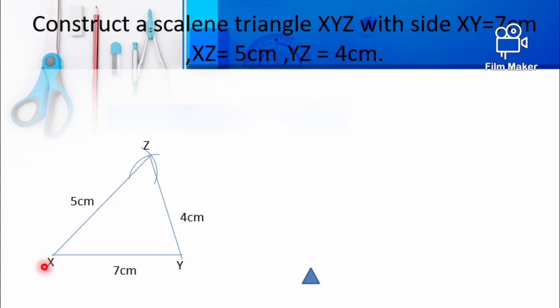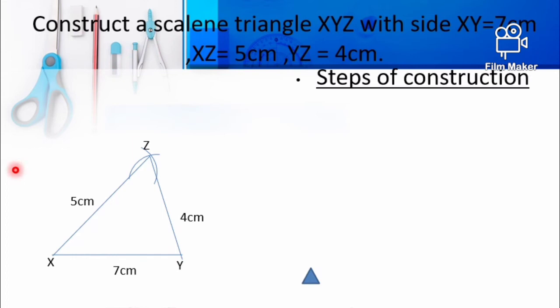You can see the sides of this triangle are 5 centimeter, 4 centimeter, 7 centimeter. It means all sides are different in length. This type of triangle is called a scalene triangle. The first step which we have taken to draw a scalene triangle: draw a line XY of 7 cm.